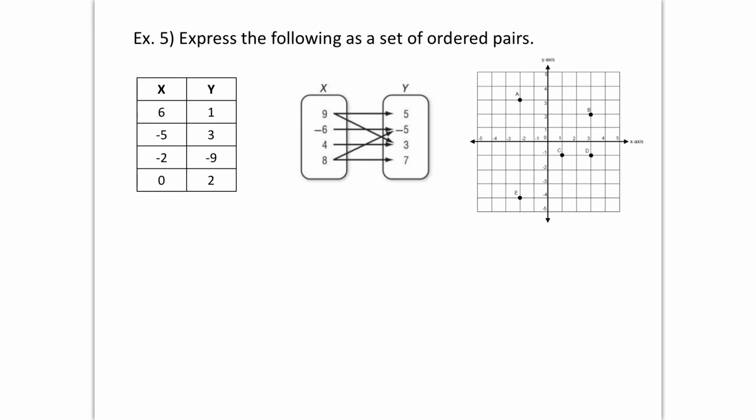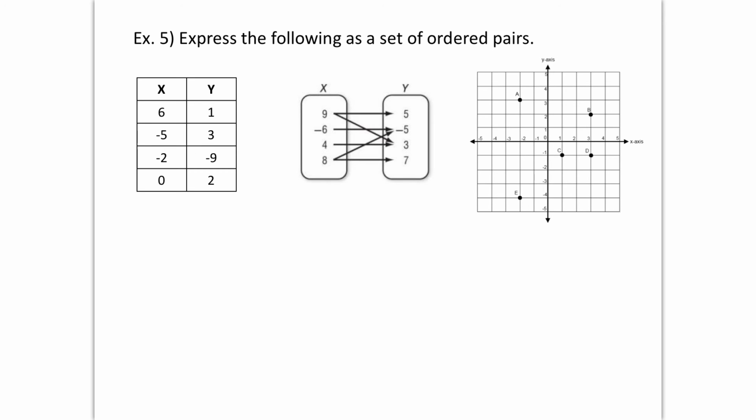So what we do is when we look at the table, and each table has different numbers, so we have to be careful with that. Notice that here we have the x values, the y values, 6, 1, -5, 3, and then -2, -9, 0, and 2. So the way you guys are going to write down your ordered pairs, you guys are just going to make parentheses because that's how we write down the ordered pairs, with parentheses.